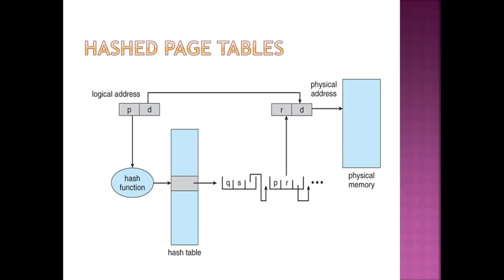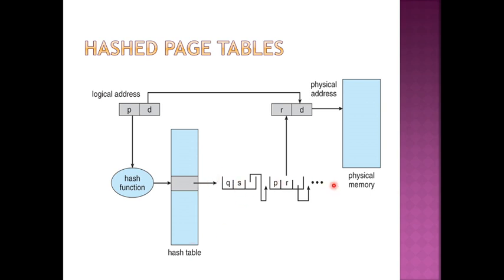The second type of page table structure we'll be looking at is with the help of a hash function. Whatever the virtual page number is, that is nothing but the page number, roughly speaking. On this we run the hash function, and this hash function will give me a hashed value pointing to one of the entries in the hash table. What does every entry in the hash table contain?